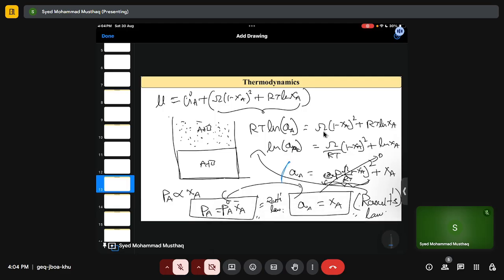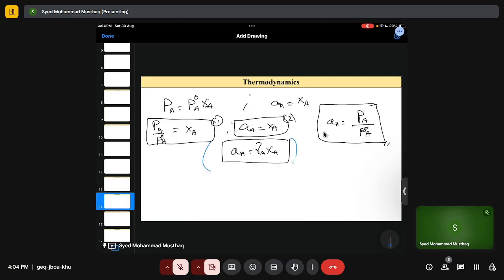Okay. Now, how do I equate this to this? Let me write that down. Activity of A is equal to exponential RT log 1 minus XA whole square.